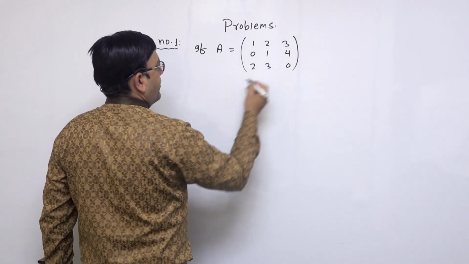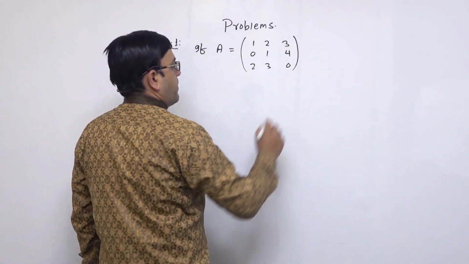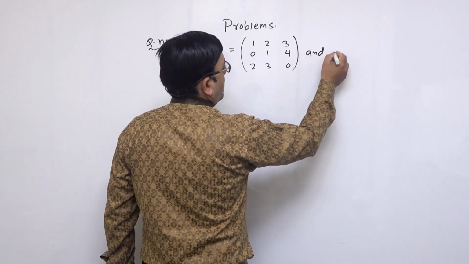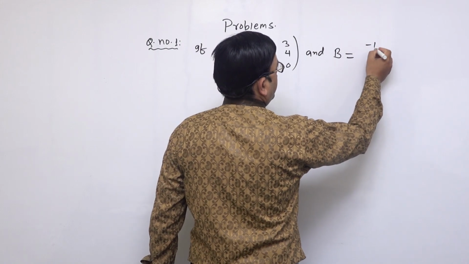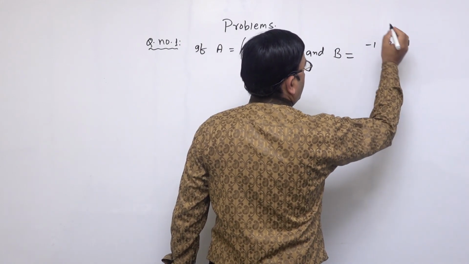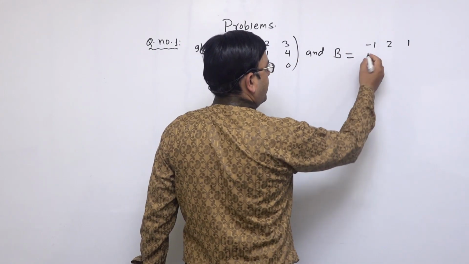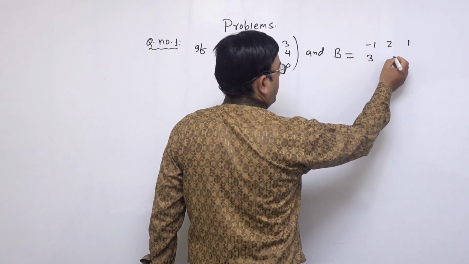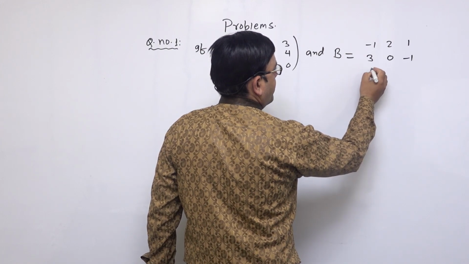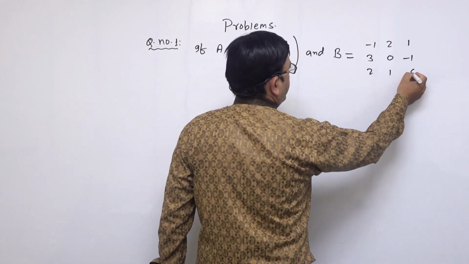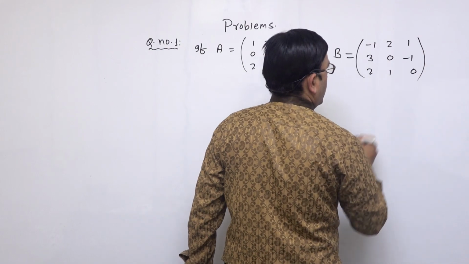This is matrix A, and matrix B is equal to [-1 2 1; 3 0 -1; 2 1 0]. A and B are these two matrices.